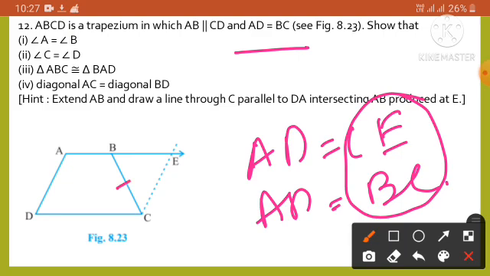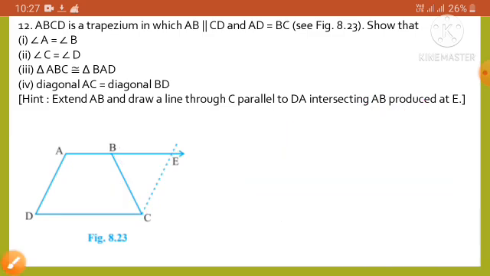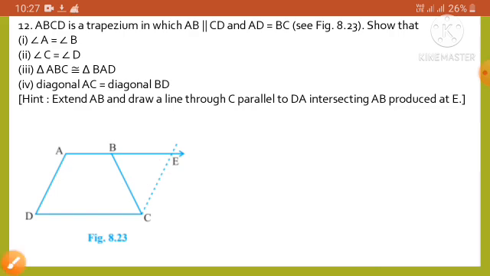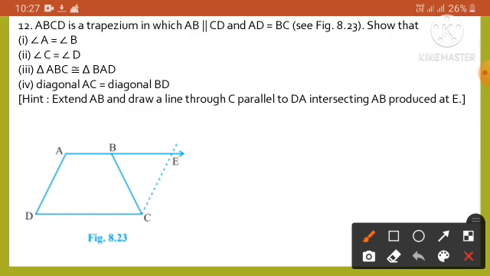Now in triangle BCE we have BC equal to CE, so we can say that angle CEB is equal to angle CBE, because angles opposite to equal sides of a triangle are equal.